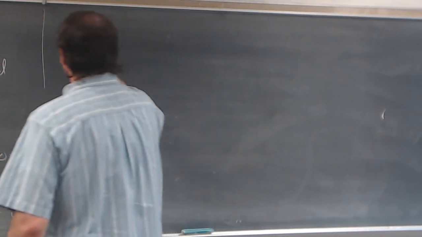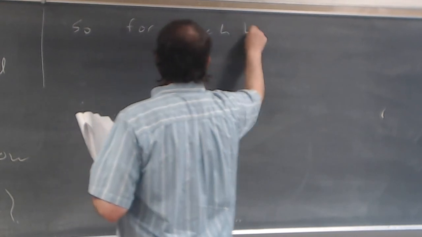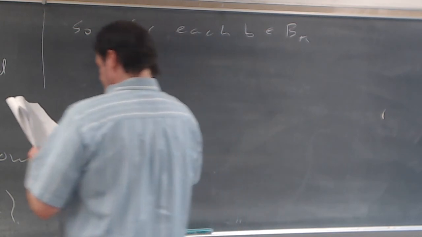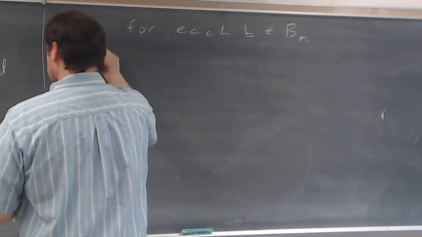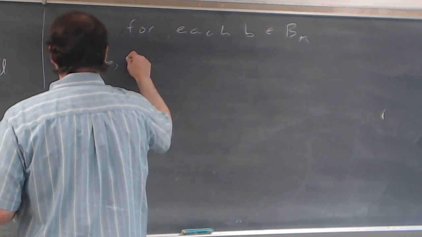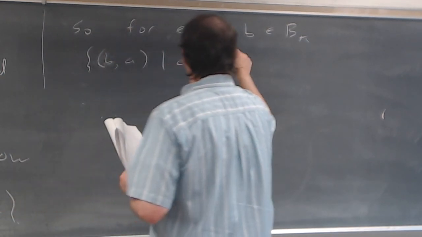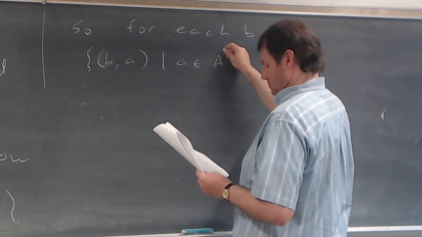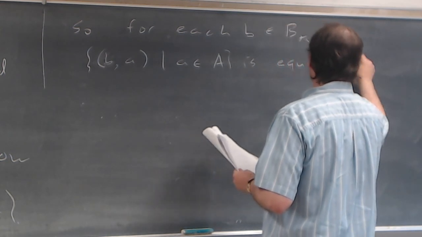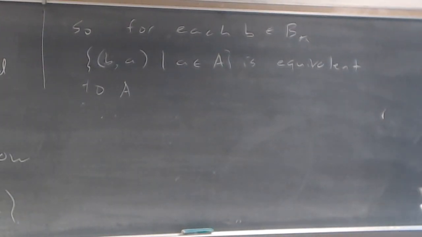So, for each b in Bk, we fix that, then the set of all tuples (b, a), such that a is an element of A, is just like what we did for the second case. It is equivalent to A. We did case n equal to 2 just like that.